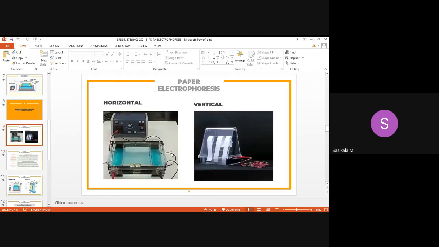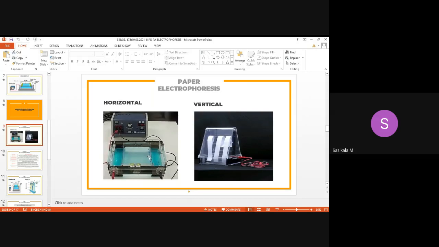Here the conducting medium decides the pH. If you make the electrolyte with a basic buffer, then anions will move towards the anode. If you make an acidic buffer, then the sample will move towards the cathode.